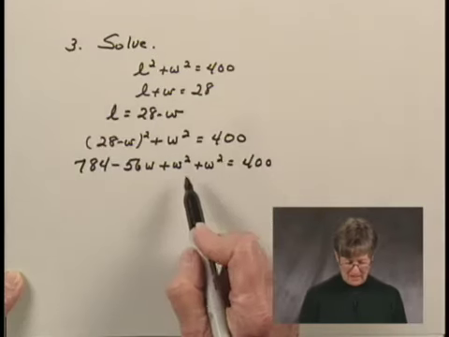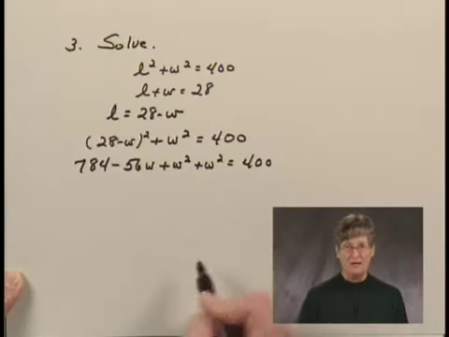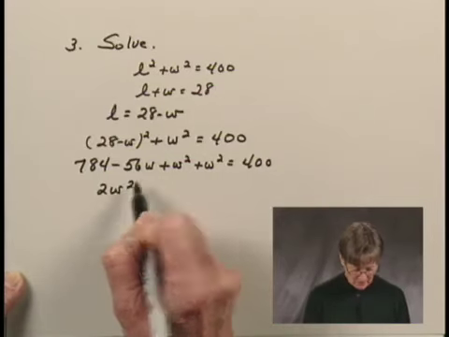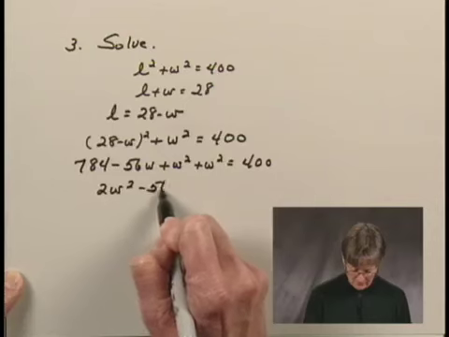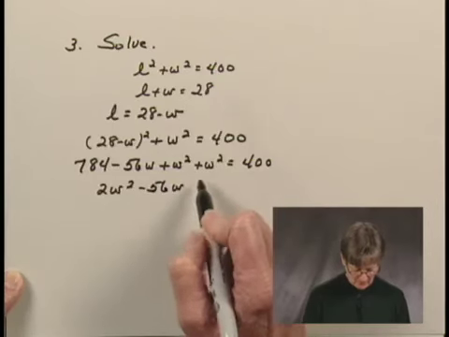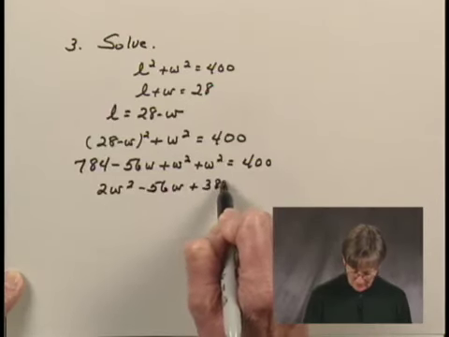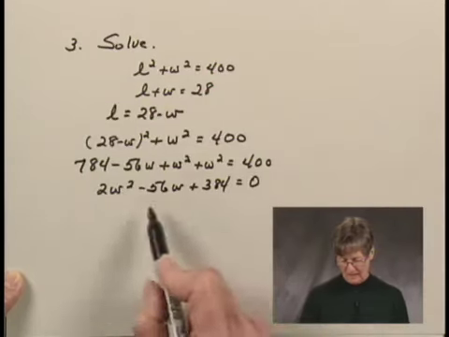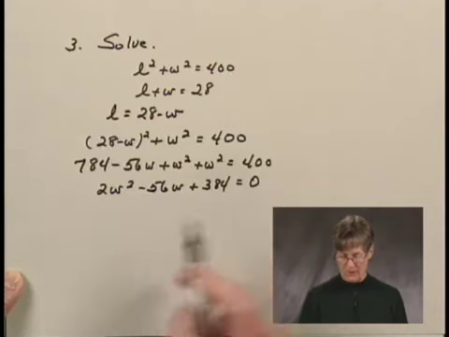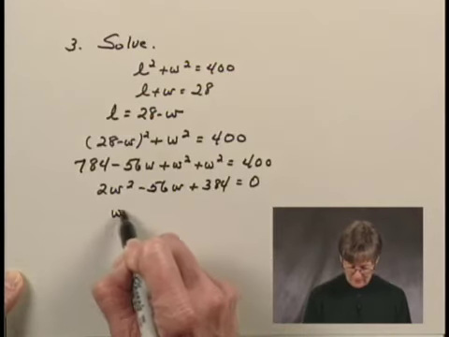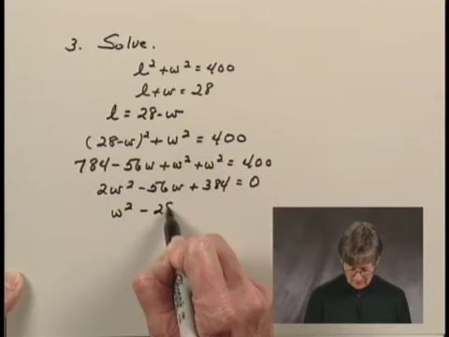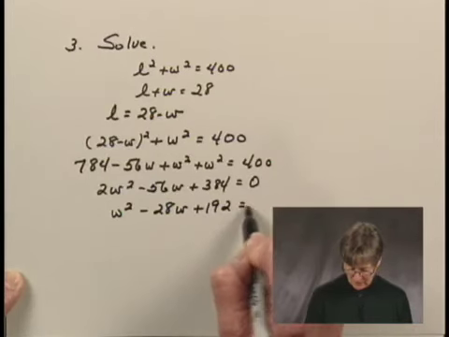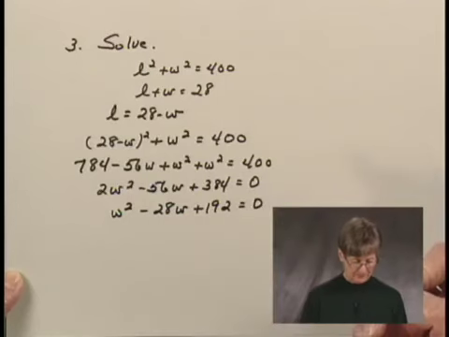Now, if I add the W squareds together and subtract 400 on both sides of the equation, I get the quadratic equation 2W squared minus 56W plus 384 is equal to 0. And I can divide both sides of the equation by 2. That gives me W squared minus 28W plus 192 is equal to 0.